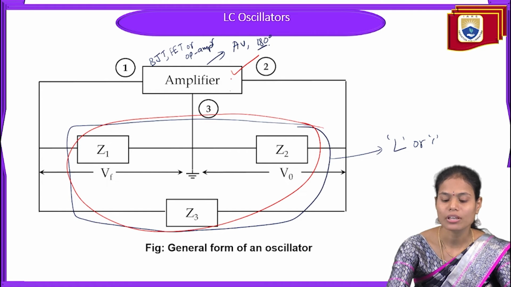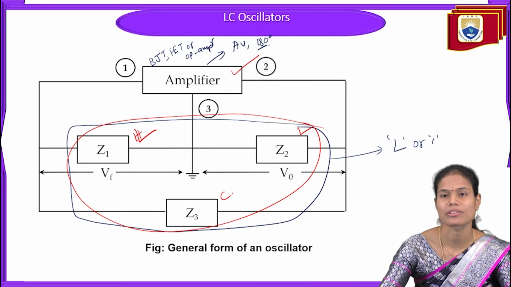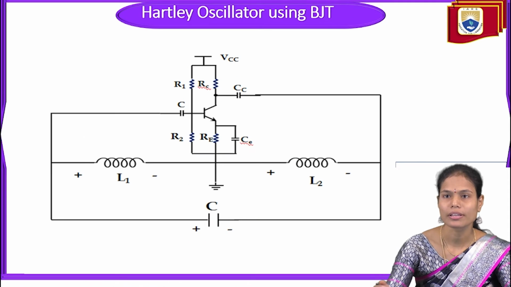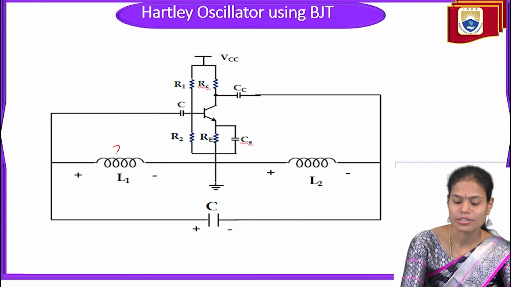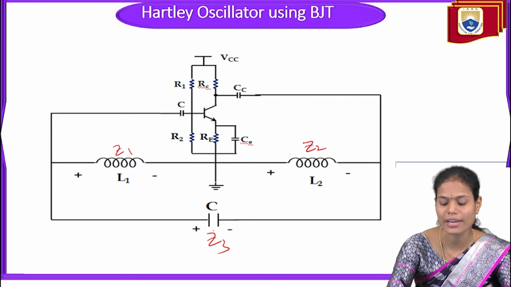We replace this amplifier with the BJT amplifier, and in the Hartley oscillator Z1 is inductance, Z2 is also inductance and Z3 is capacitance. That is, 2 inductors and 1 capacitor.